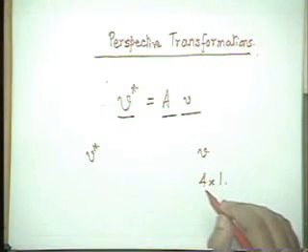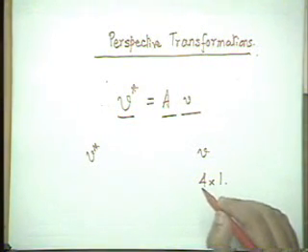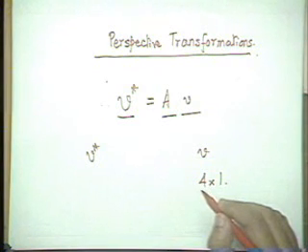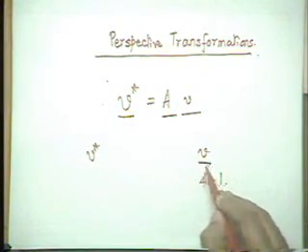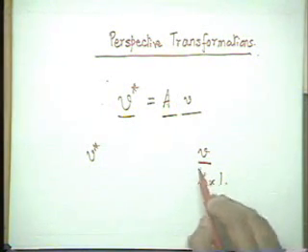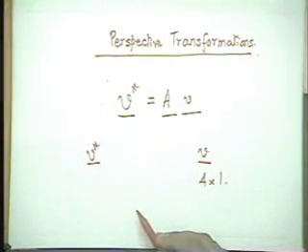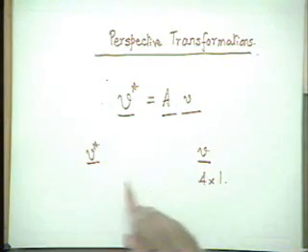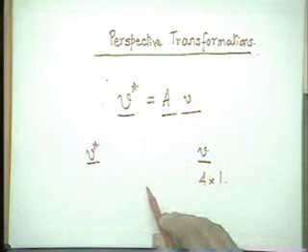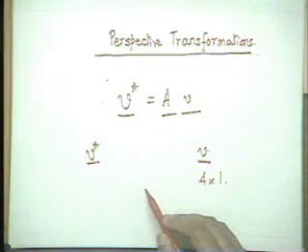So 4 by 1 means the top 3 elements were indicating the x, y and z coordinates. For the column vector V, it was the original x, y, z coordinate, and for V star it was the transformed coordinates x, y, z, and the fourth element was equal to 1, and this A was defined as a 4 by 4 matrix.